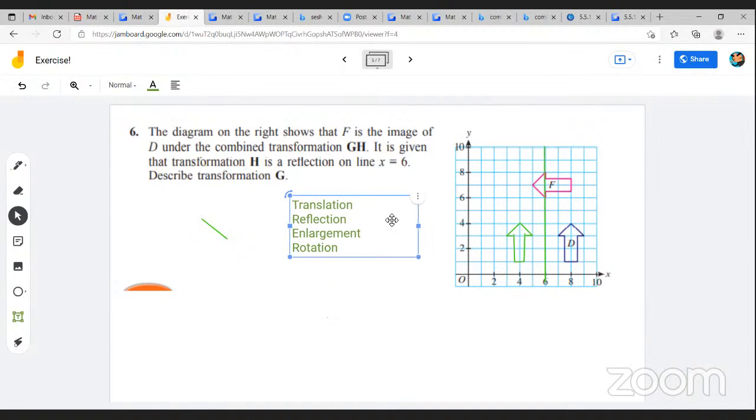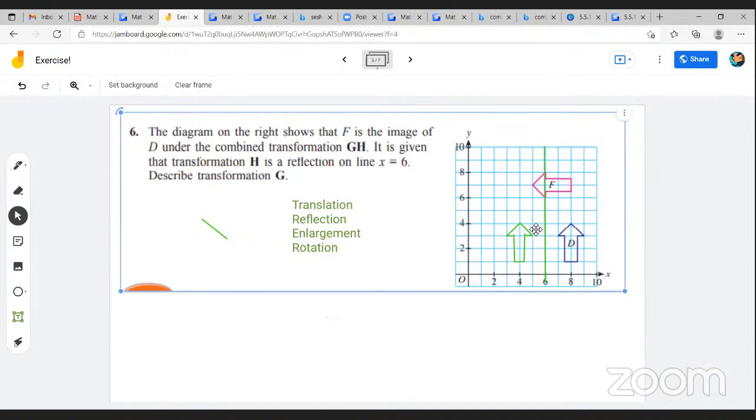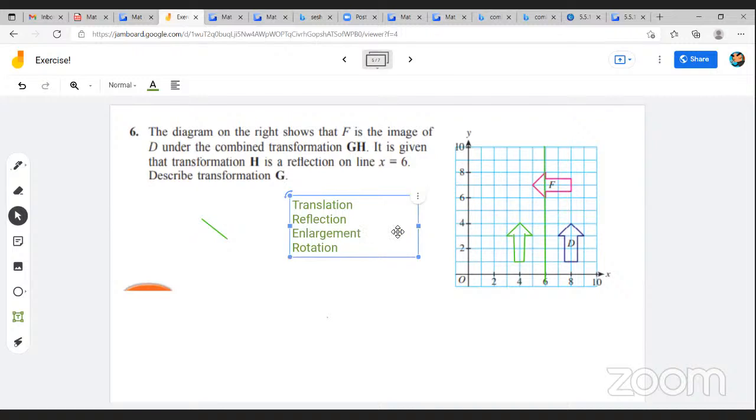So which of these 4 can bring the green arrow to F? Is it the rotation? Yes, rotation, that's correct. Okay, very good. So now we know that it's rotated. Is it rotated 90 degrees clockwise or anti-clockwise? I think it's anti-clockwise. Yeah, anti-clockwise.